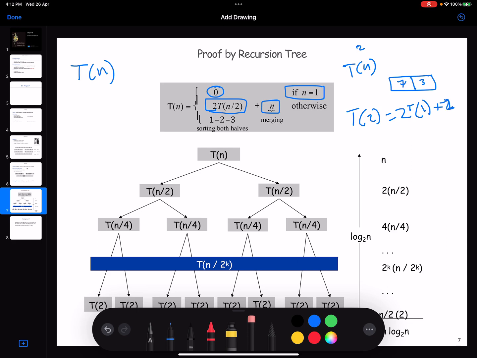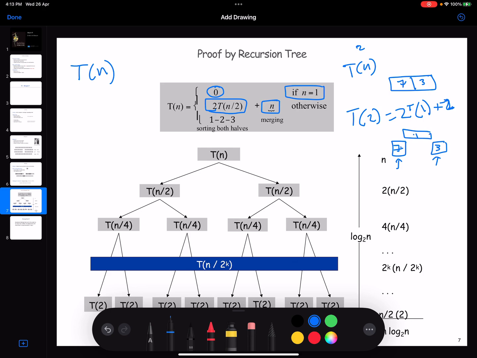Why is this? Because if I have an array of 2, I will divide it into 2 arrays, an array of 7 and an array of 3, right? I have to sort this array and this array, and then I have to merge them. To merge them, I need to do n comparisons, 2 comparisons, because I have 2 elements.